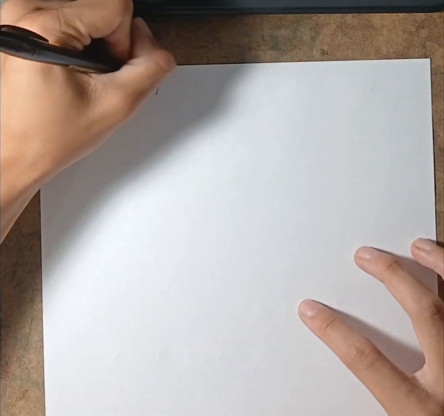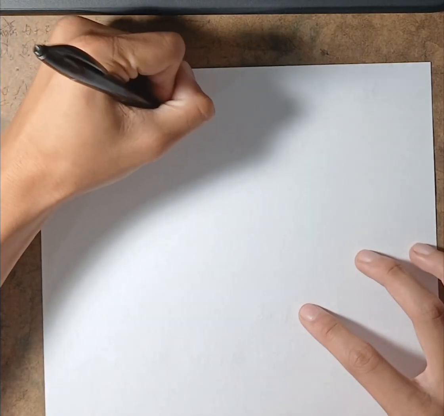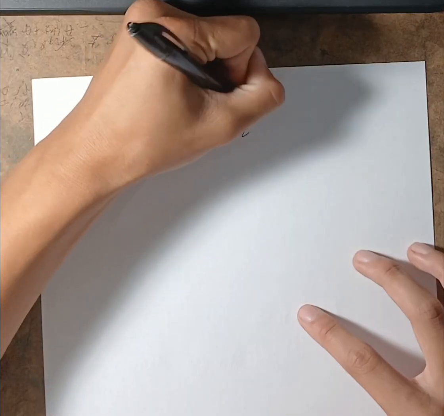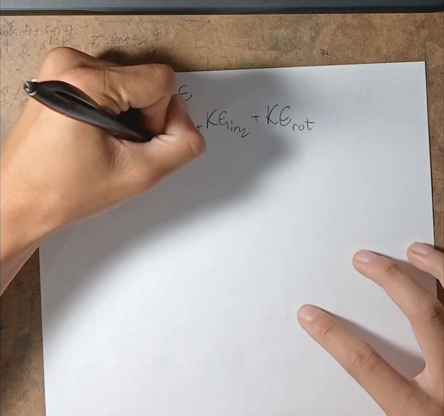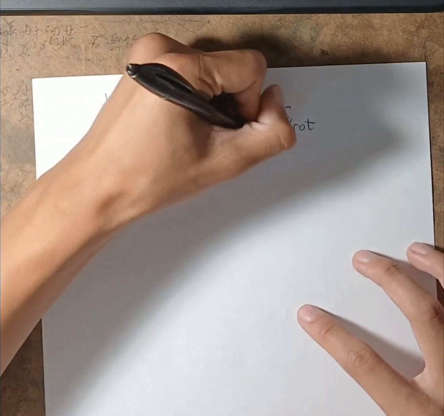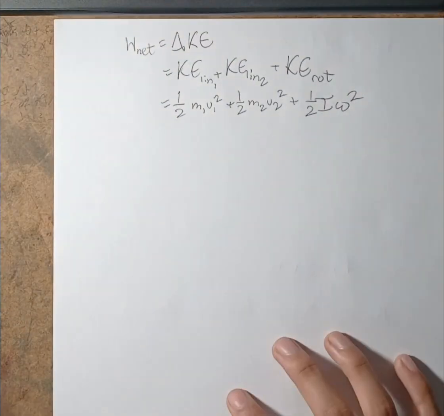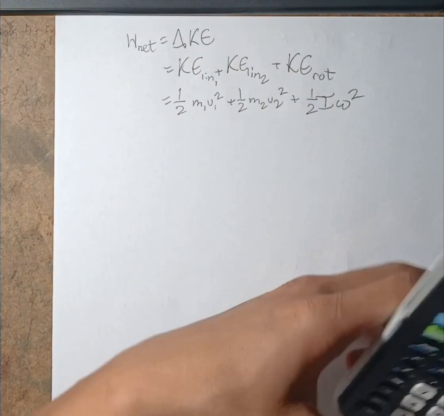All right, so we can just plug all of these values into this equation. Okay, this was the equation. Change in KE equals KE lin 1 plus KE lin 2 plus KE rot: 1/2 m1 v1 squared plus 1/2 m2 v2 squared plus 1/2 I omega squared. And since we already found all the velocities, we can just plug them into the equation here.